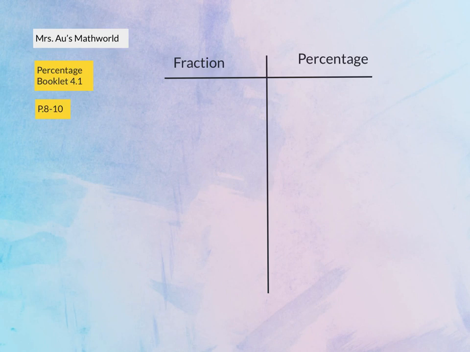So I hope you still remember when we have a fraction or integer like this, we will have the corresponding percentage for it. You can be given any one of these types of values and then go to the other one.